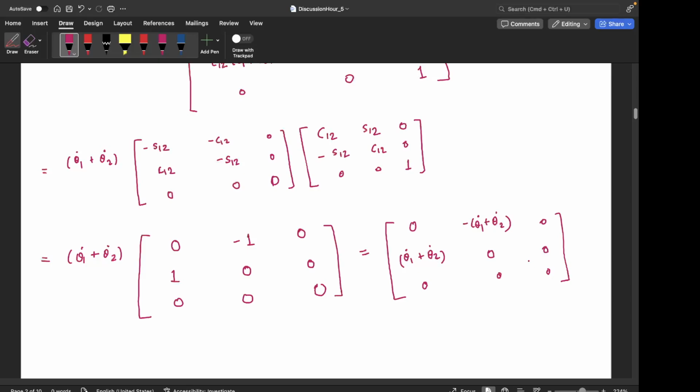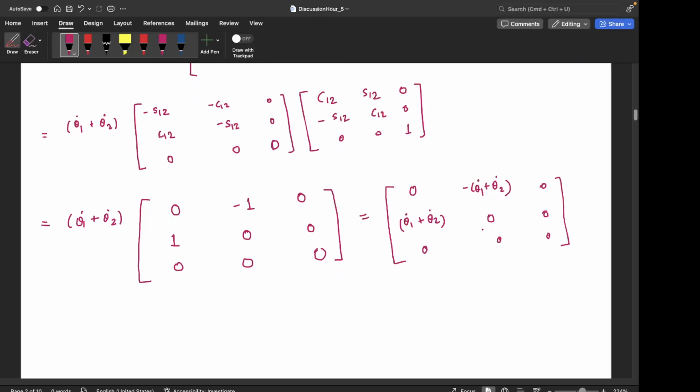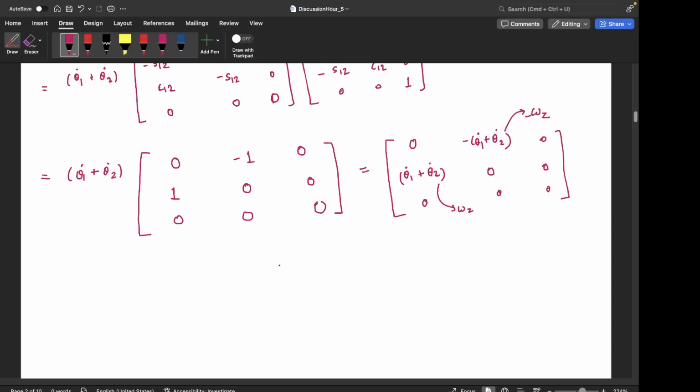So this perfectly fits into the skew symmetric matrix definition, right? And if we write this as omega z, minus omega z and omega z, right?